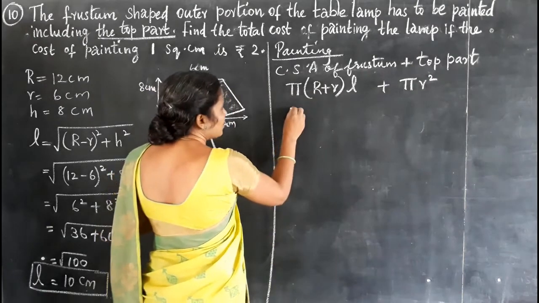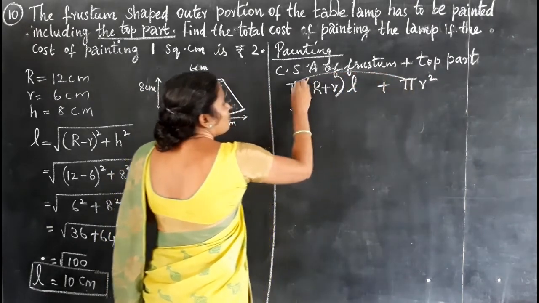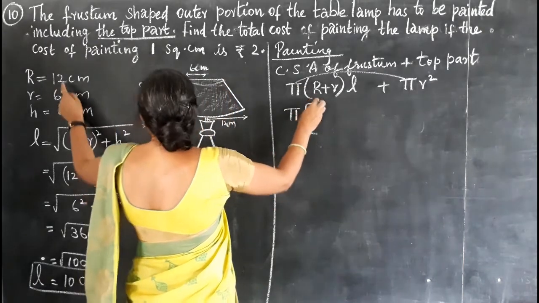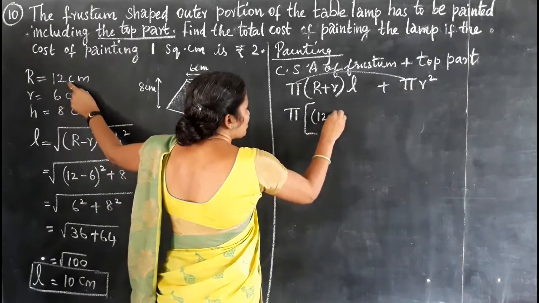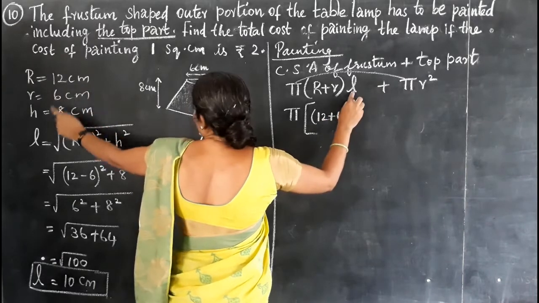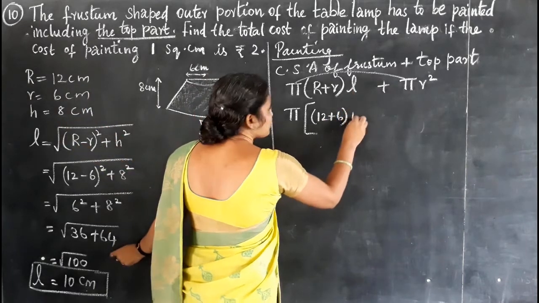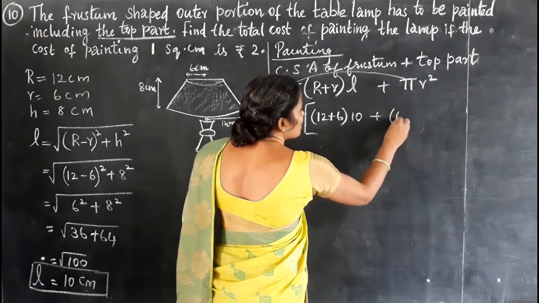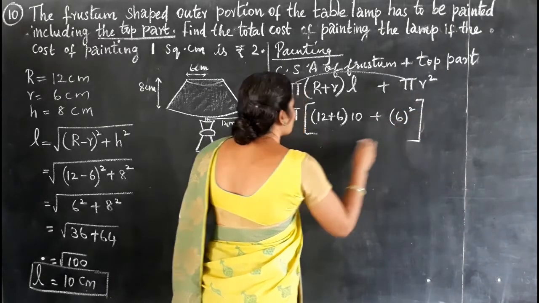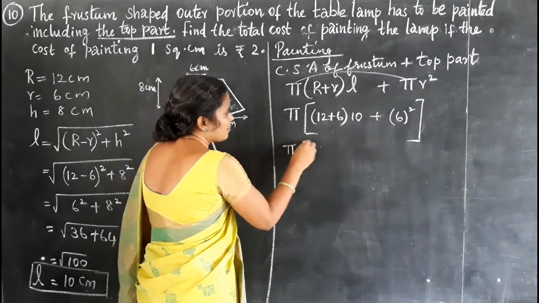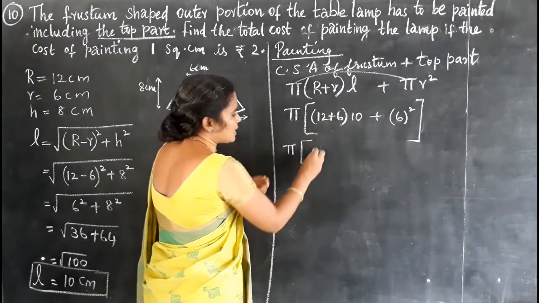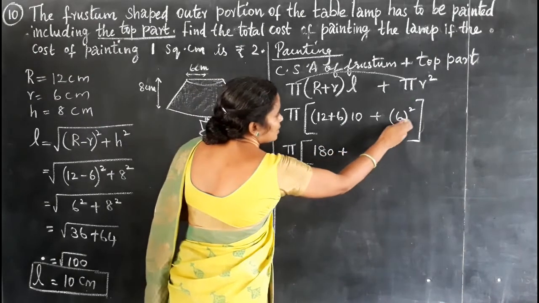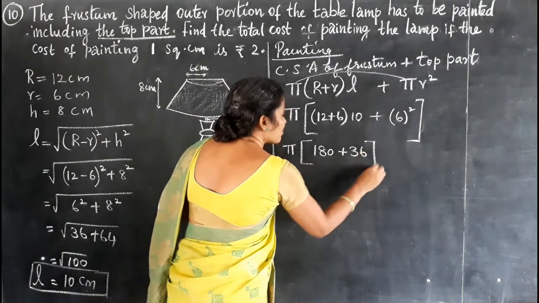Now substitute the values. Pi is common, within bracket capital R is 12 plus small r 6, into L which is 10, plus r square, small r is 6 square. So 12 plus 6 is 18, 18 into 10 is 180, plus 6 into 6, 36.